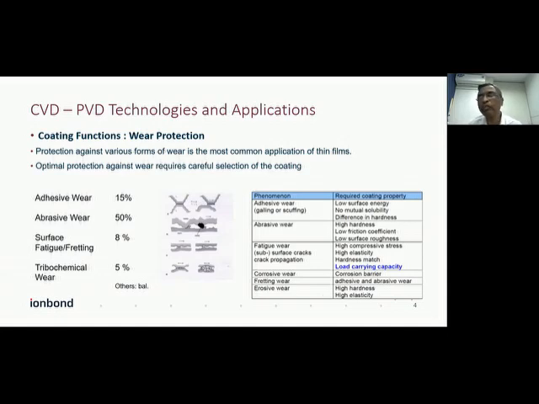We will see what the different coatings are and how they can be used to overcome these kinds of wear, like adhesive wear, abrasive wear, which is large in quantity, then fatigue wear and tribological wear. For these different kinds of wear, we need different coating properties, like low coefficient of friction, low surface roughness, high hardness, high compressive stress, and so forth. So we need to tailor-make different coatings for each particular application.